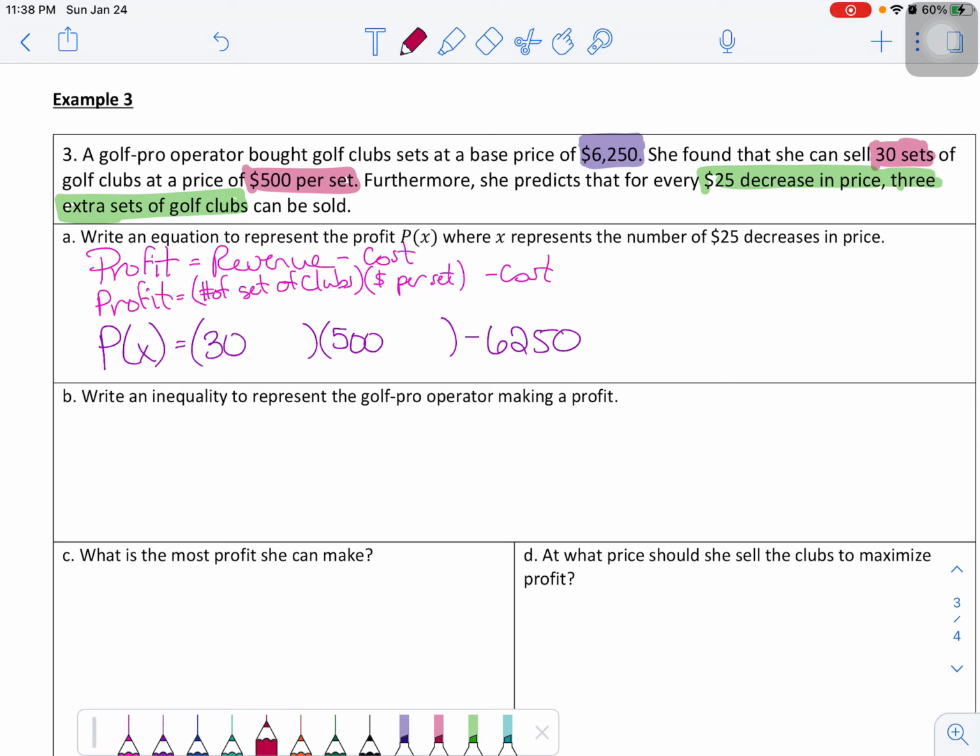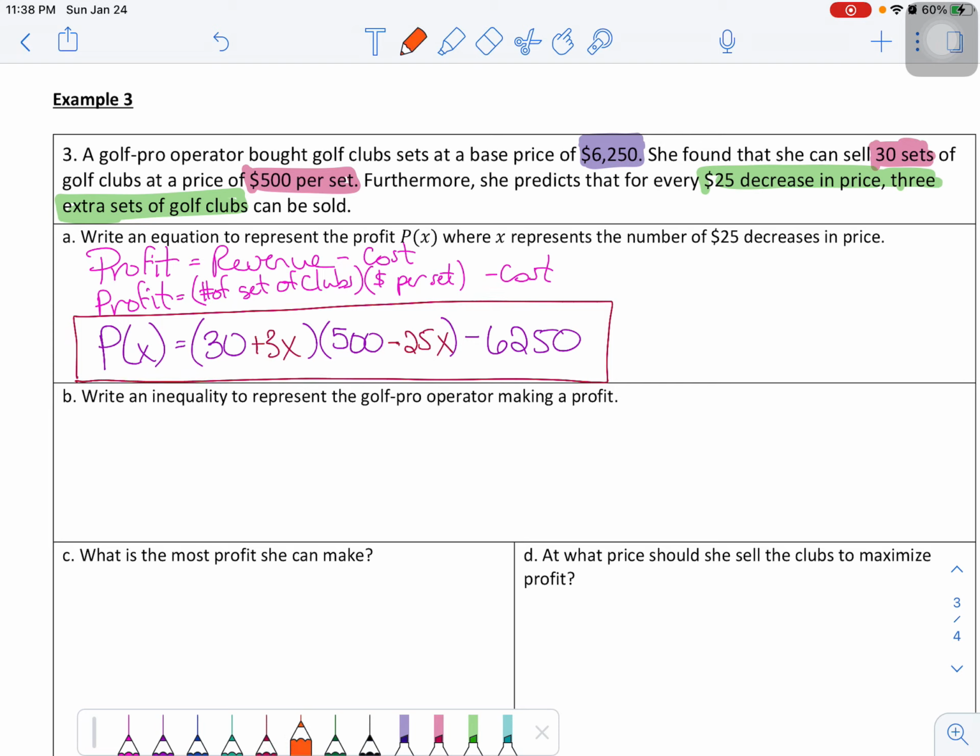Now, this is where we're going to adjust it a little bit. So for every $25 decrease in price, so minus 25x, 3 extra sets of golf clubs can be sold, so plus 3x. So this is our profit equation.